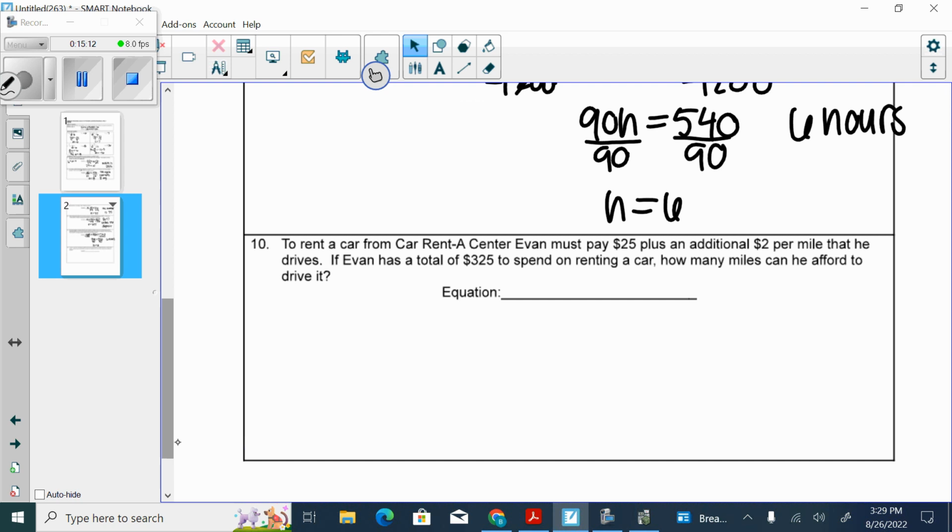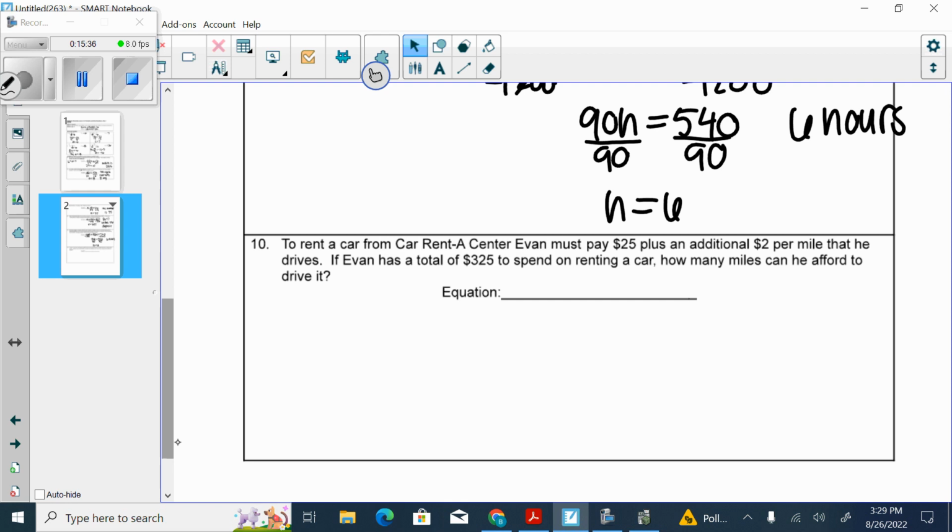Okay. Says to rent a car from Car Rent A Center, Evan must pay $25 plus an additional $2 per mile that he drives. If Evan has a total of $325 to spend on renting a car, how many miles can he afford to drive it?